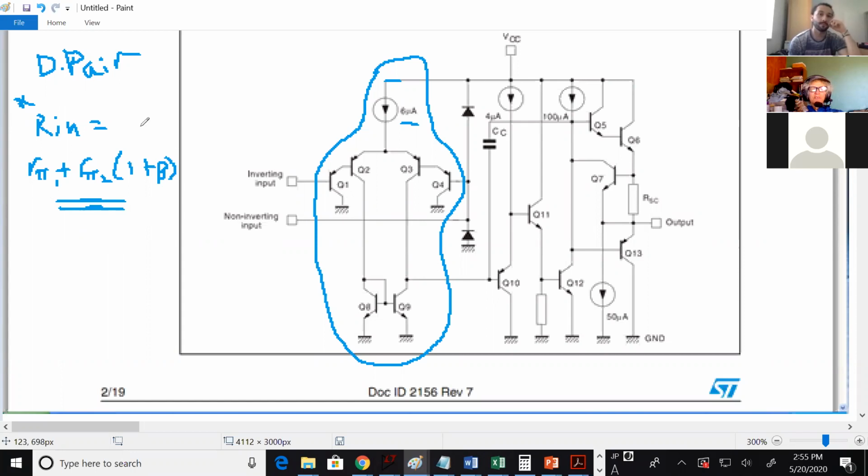Does current show up in this equation? No. So it doesn't directly show up. Does it indirectly show up? With beta, yes. Okay. Beta does change a little bit, but if you change your current, beta doesn't change. So beta's pretty constant. That leaves.